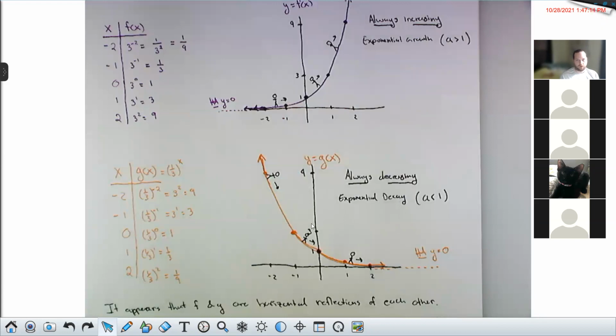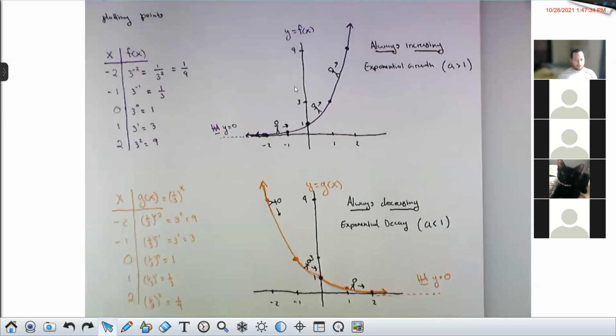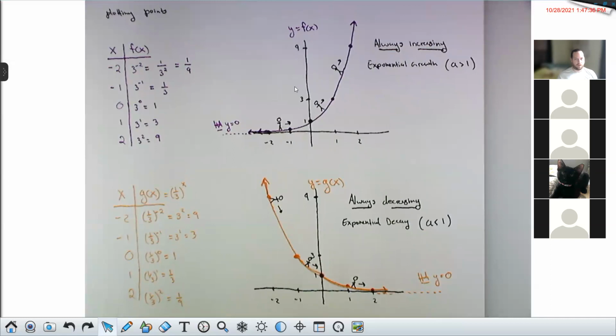I know that we are out of time here, and unfortunately, I do have a 2 o'clock meeting today, so I will get to the transformation stuff. We'll talk a little bit more about that together on Tuesday of next week, but I am expecting you to be able to do it. We've done lots of graphing with transformations in the past, and you use these 2 basic graph shapes as your parent functions.